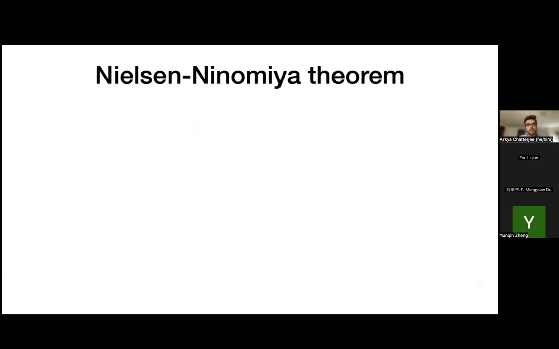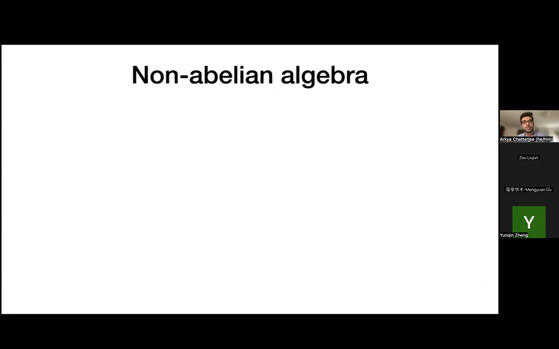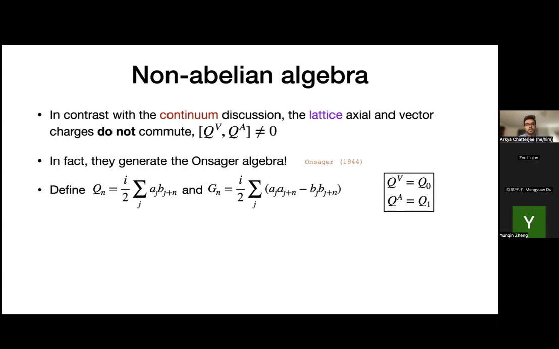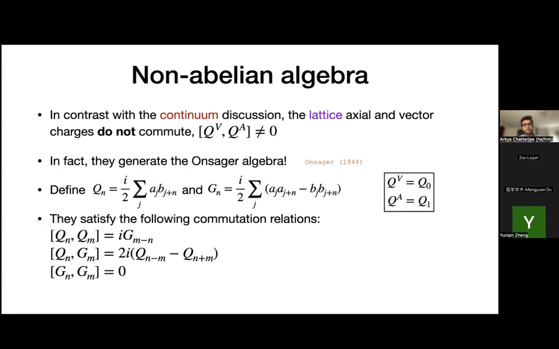Sorry, can I ask a question? Yes, please. Can we go to the previous slide? Because QV and QA do not commute, we cannot label any state by two quantum numbers like V charge and A charge. But U(1)V and U(1)A are not the faithful symmetry.